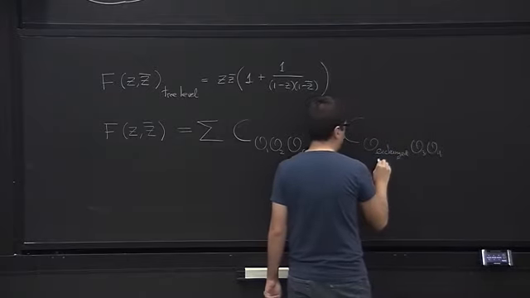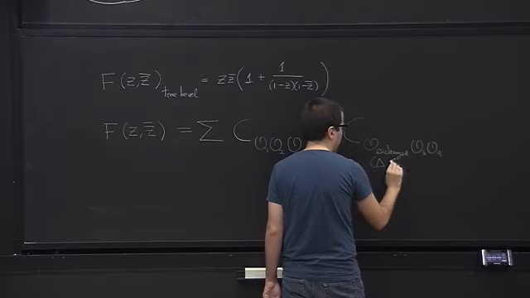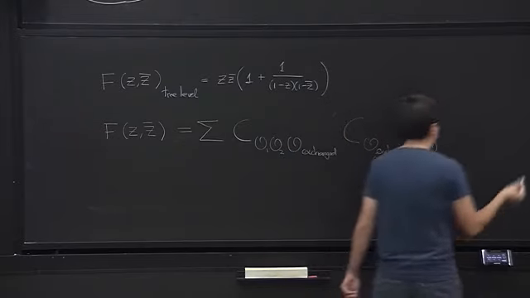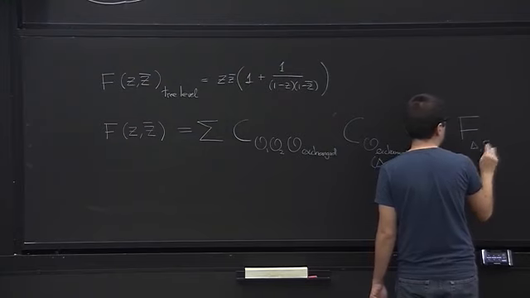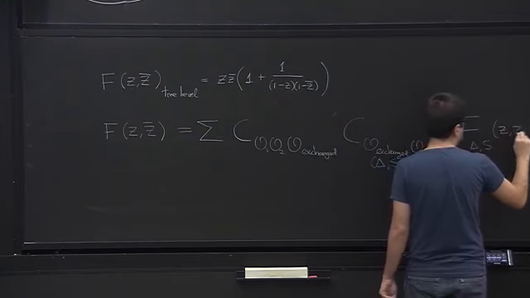And this operator has dimension delta and spin s, times a function f that depends on delta, s, Z and Z bar.